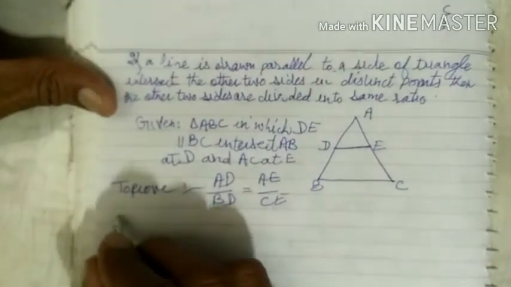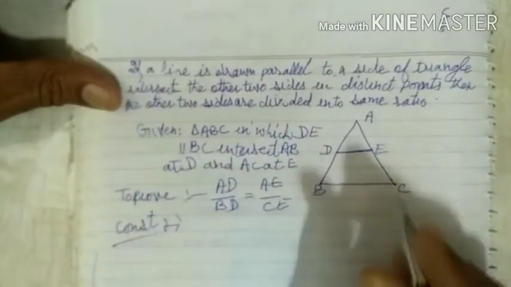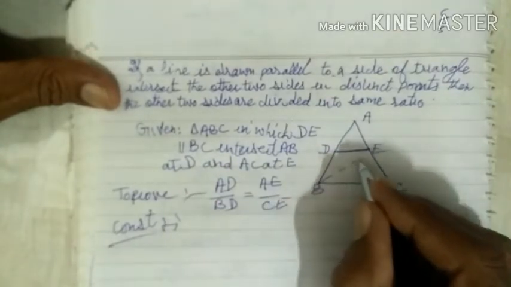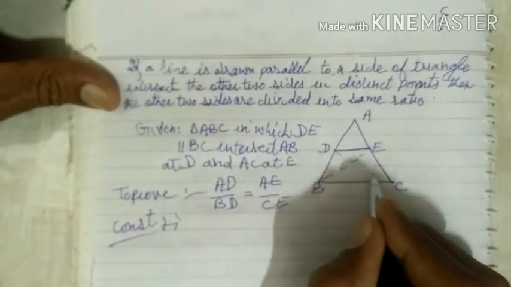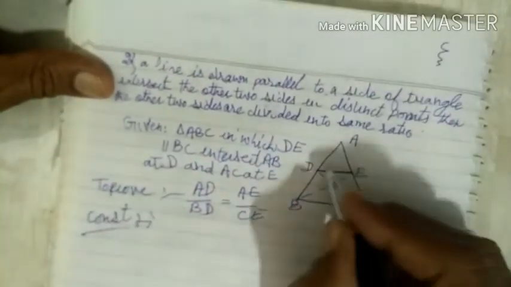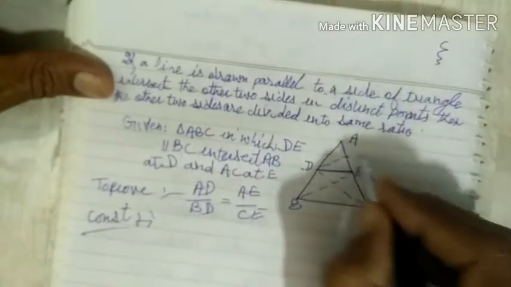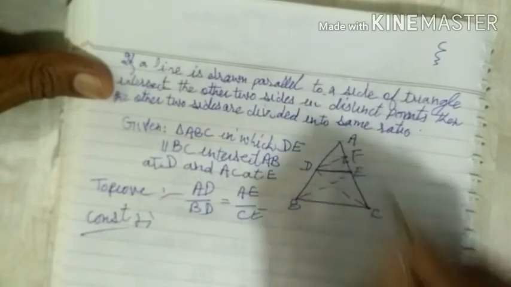Now construction is there. Join B and E, C and D, and draw DF perpendicular to AC.